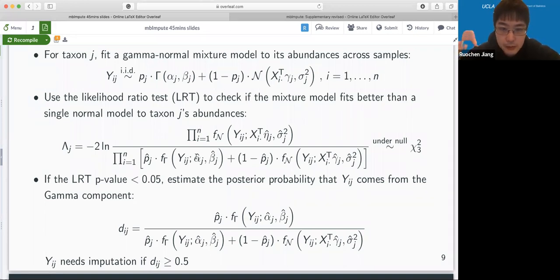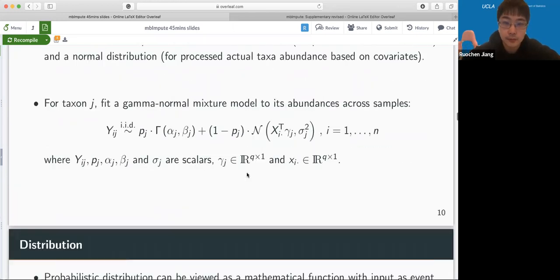So here we put a hat over that parameter to indicate this is estimated from our data. So you can see the difference. So here we have added the hat after we fit the data. Okay.